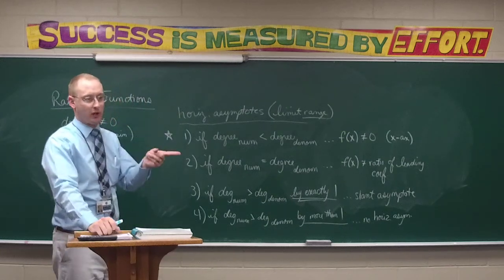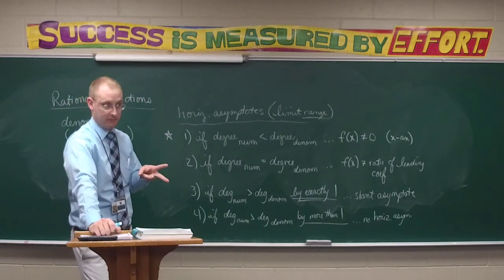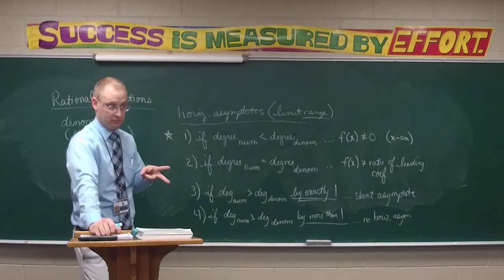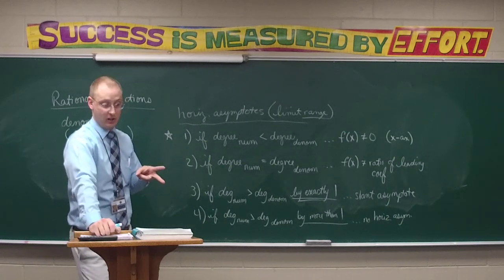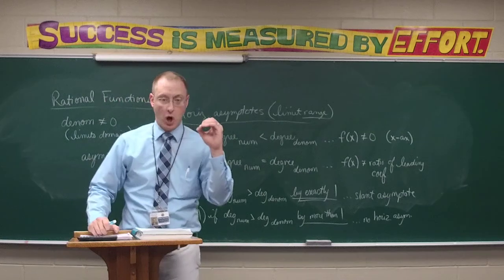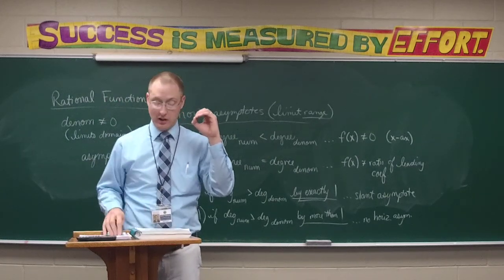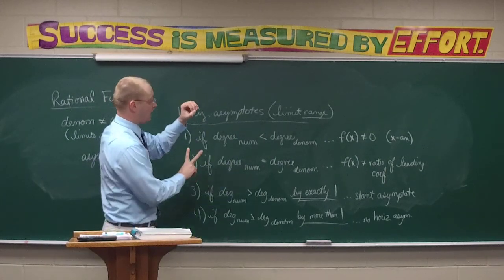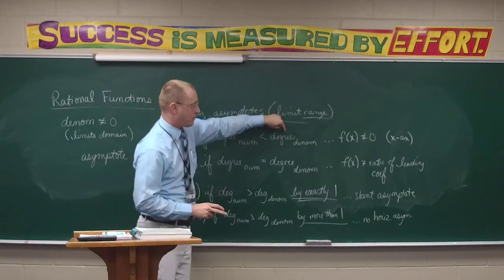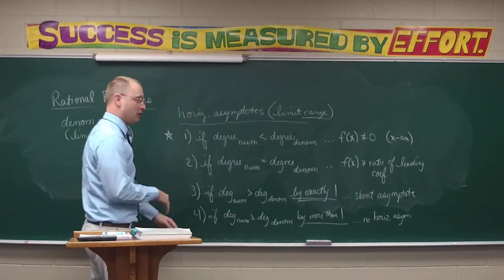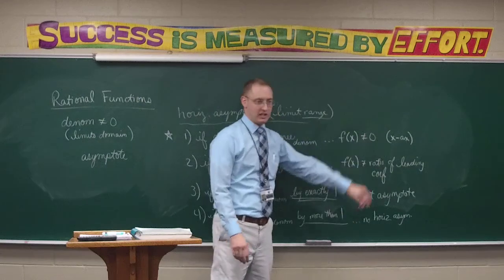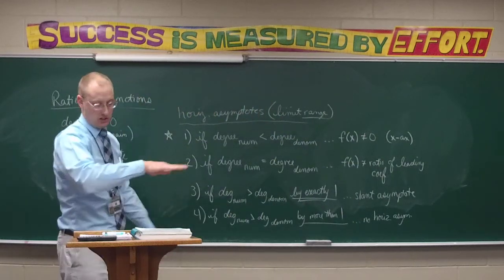How does the numerator compare to the denominator's degree? Numerator's less. The numerator's degree is 0. There are no x's. Denominator has 2 of them. Denominator's bigger. If numerator is smaller than denominator, what's my only horizontal asymptote? The x-axis. F of x can't be 0, right? So that x-axis is your asymptote.